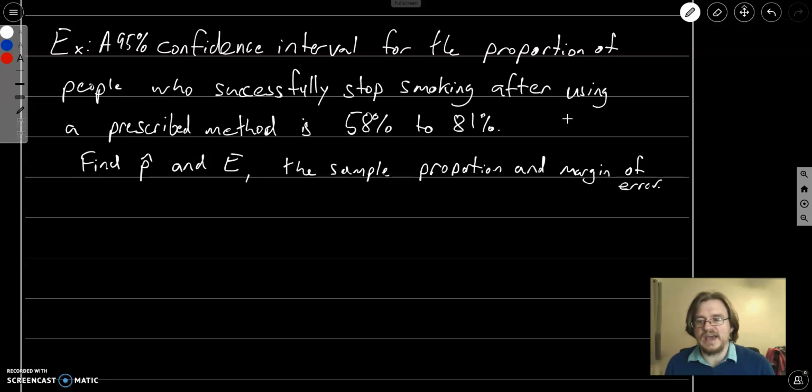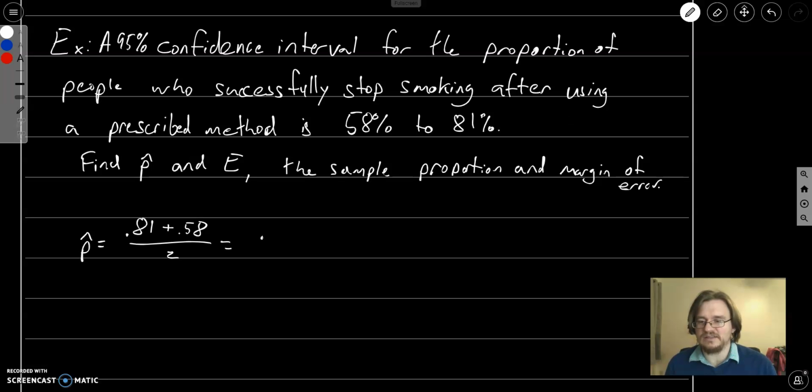Well, p hat is going to be the exact midpoint of our confidence interval. So p hat is just going to be 0.81 plus 0.58 divided by 2. I'll do this in decimals. So it's going to be exactly in between. It's the average, the mean of the two endpoints.